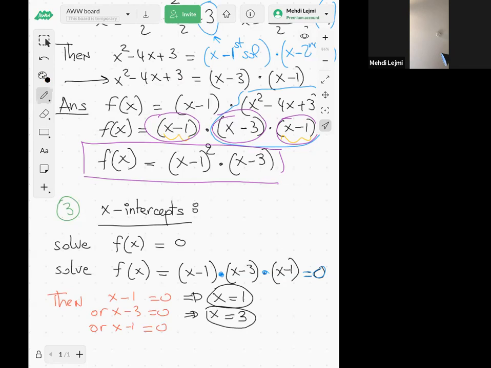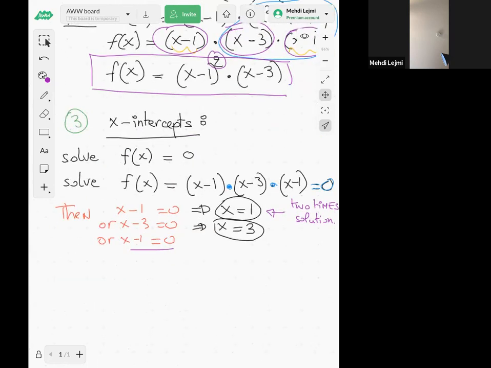And again, we have the same x minus 1 here. It's 2 times solution, right? We have x minus 1 squared, so x equal to 1 is a 2 times solution of this f of x. Anyway, to answer the question, the x-intercepts, I got 1 and 3, right?